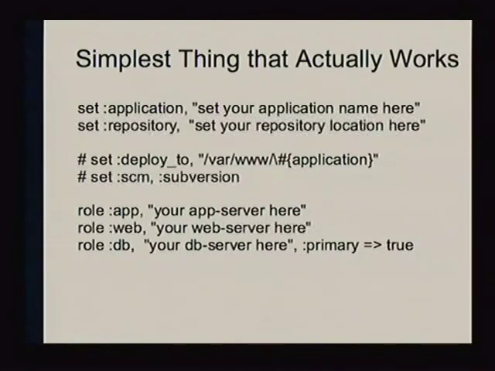But that's just a guess. And then you say, okay, these are the standard roles. These are kind of the most common in a Rails stack. For your first Rails application, these are all the same box, and that's totally okay.